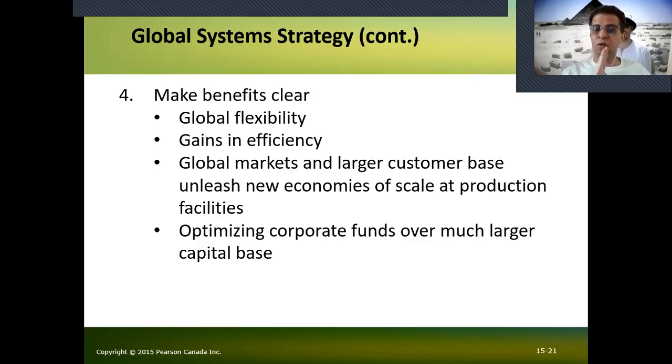It gives global flexibility, gains in efficiencies, a larger global market and customer base, new economies of scale at the production facilities, and also helps optimize corporate funds over a much larger capital base.